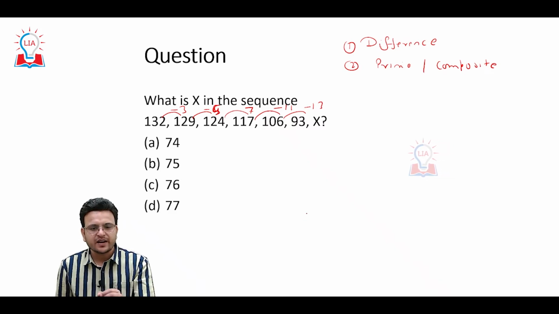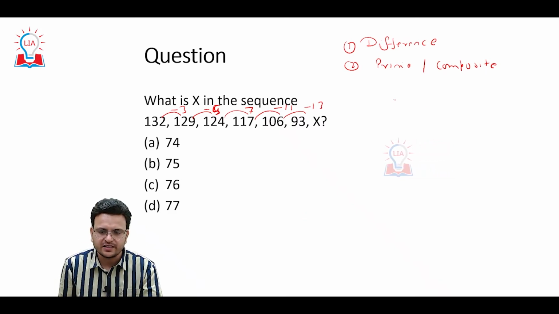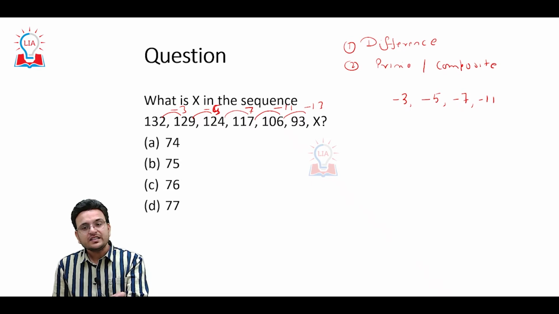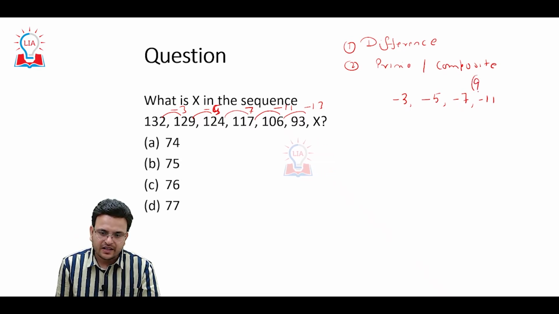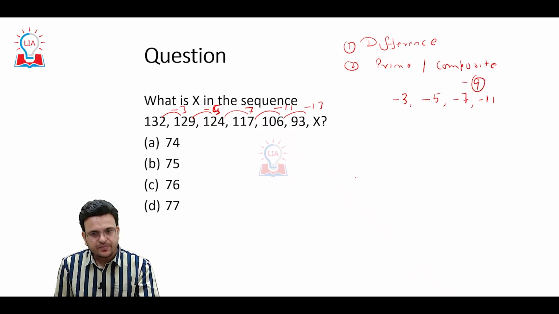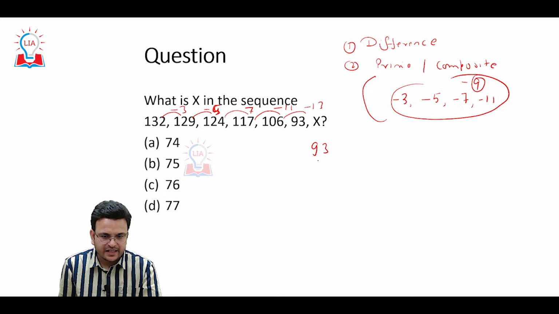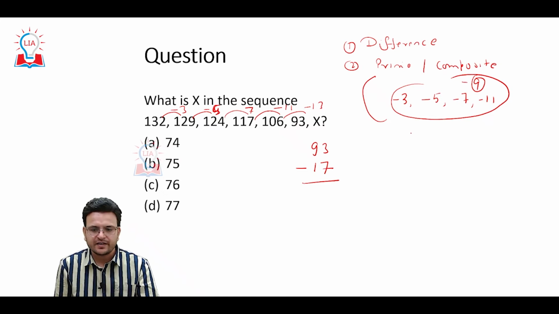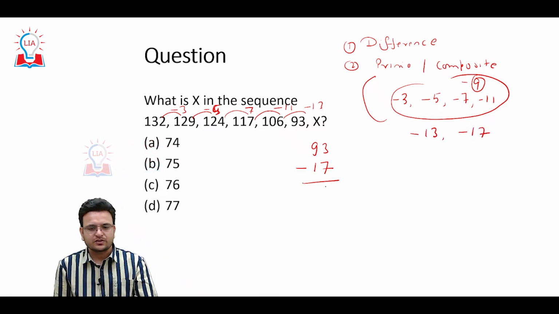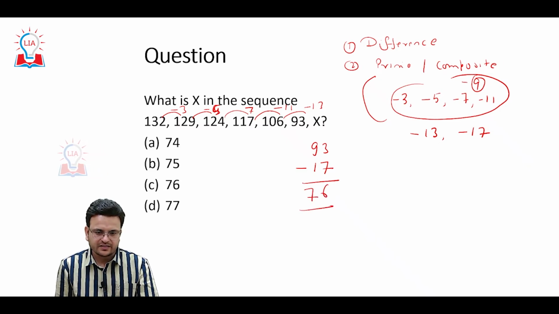Minus 3, minus 5, minus 7, minus 11, minus 13. These are odd numbers, and minus 9 is missing. It simply means all these numbers are prime numbers. Then the next prime number will be minus 17. After minus 13 we have minus 17. So we will get 76 as the answer.